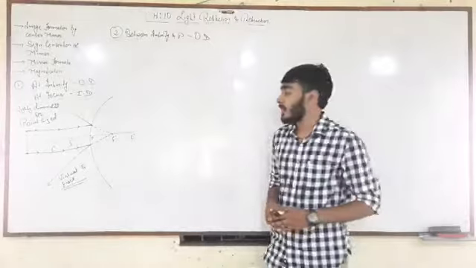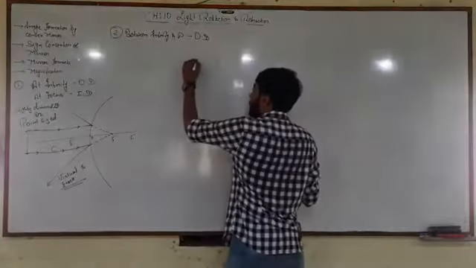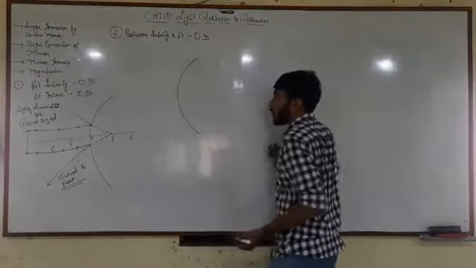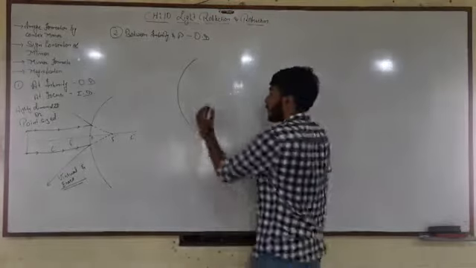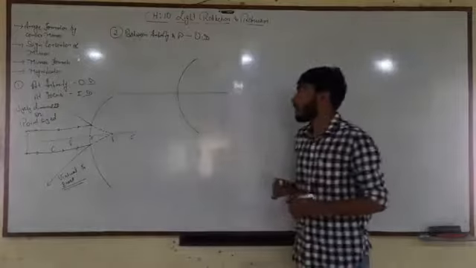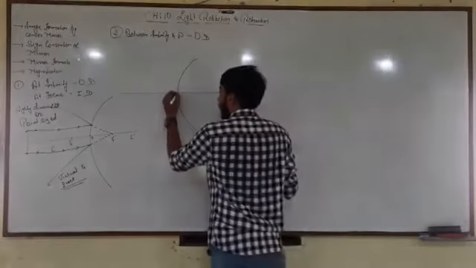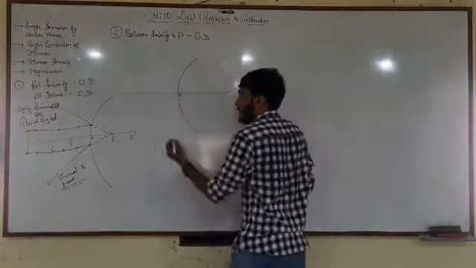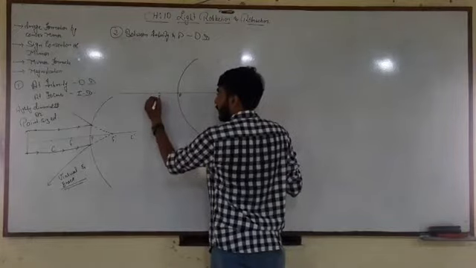Again we need to draw the same thing, that is the convex mirror. So first of all I am drawing a convex mirror over here. Again we will be drawing a pole with some height, over here that is P. The same thing we are going to repeat.